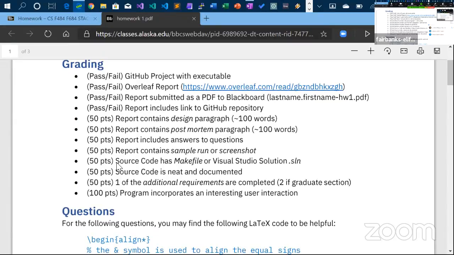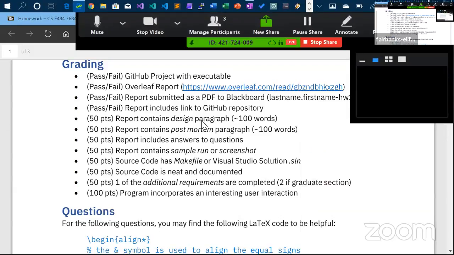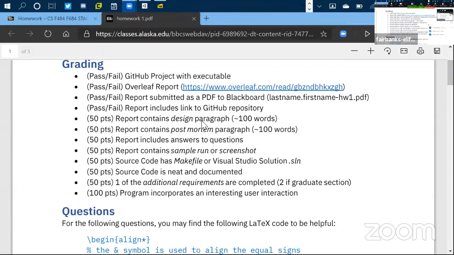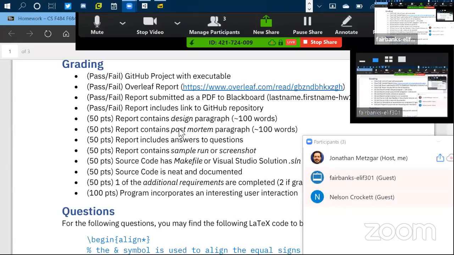I'm generally all half or nothing. So if you, for example, write a sentence for the design paragraph, I'm going to say half because it's not a paragraph. Give me a paragraph, then you get your full points. So pretty easy, you just fill it in. And generally, these things are just your way of restating either what the homework problem is or what happened while you did the homework, okay?